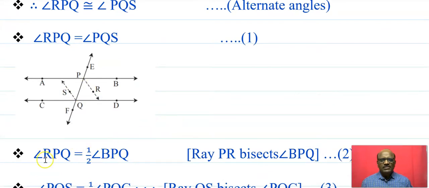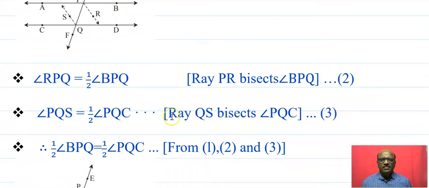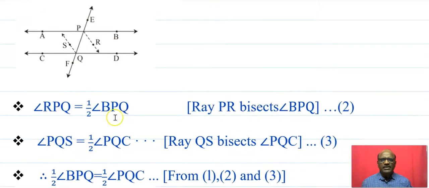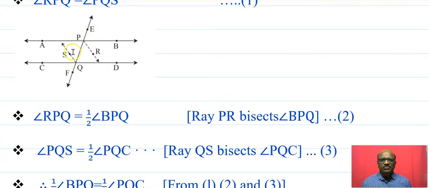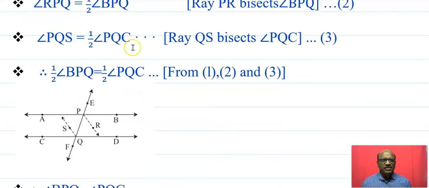Now angle RPQ is half of angle BPQ. Therefore, RPQ is half of the angle BPQ, and the angle PQS is half of the angle PQC.